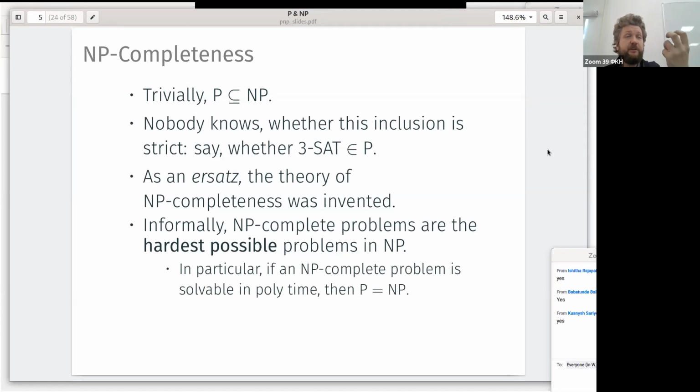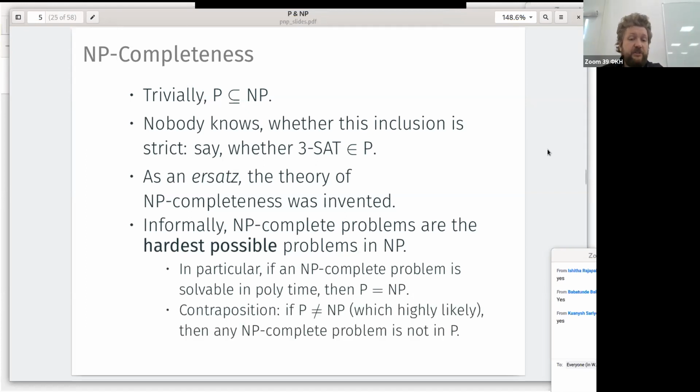So if this is polynomial, all others are indeed polynomial. And contraposition says that if P is not equal to NP, which we believe is highly likely, then any NP-complete problem is not in P. So we get conditional complexity results.